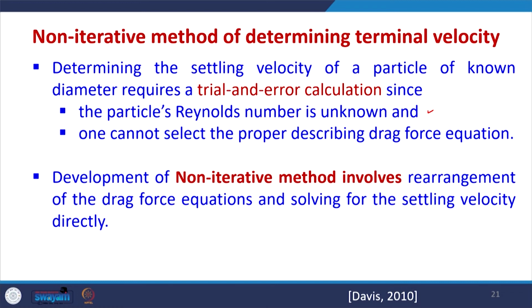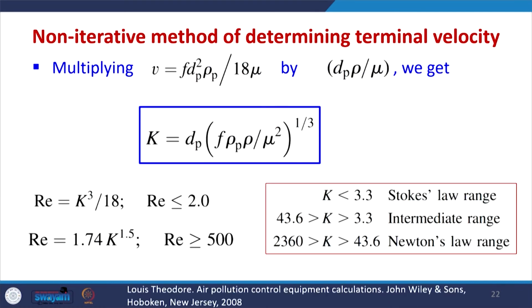So, that becomes a difficult situation. So, a non-iterative method actually was developed which requires some rearrangement of the drag force equations and solution with respect to settling velocity. So, it can be given by this method.